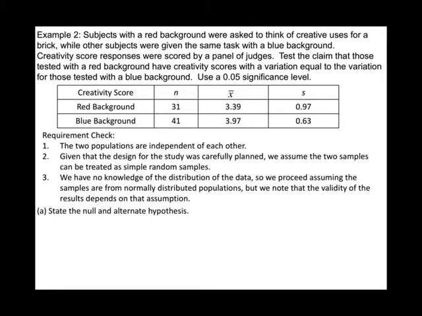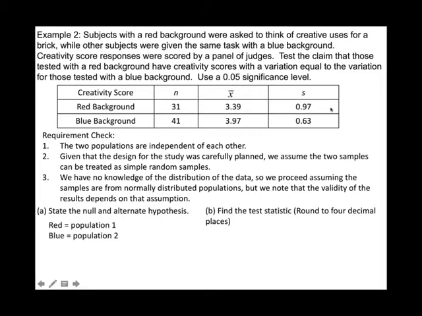And then A, state the null and alternate hypothesis. Okay, before stating that, remember you need to state which one is going to be your population 1, which one is going to be your population 2. So look at the sample variance or standard deviation. Which one is going to be greater? So you could see the red background is going to be greater, right? So the red background will be your population 1. The blue background will be your population 2.